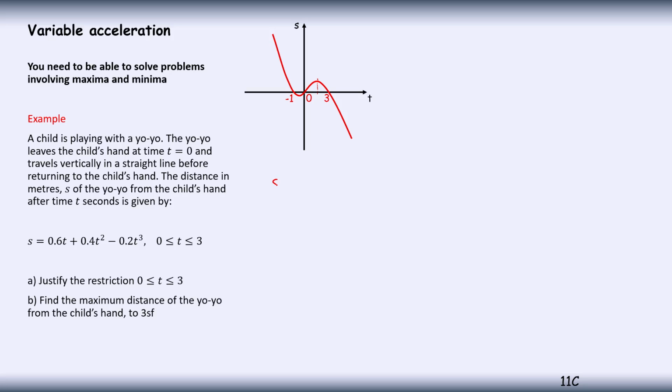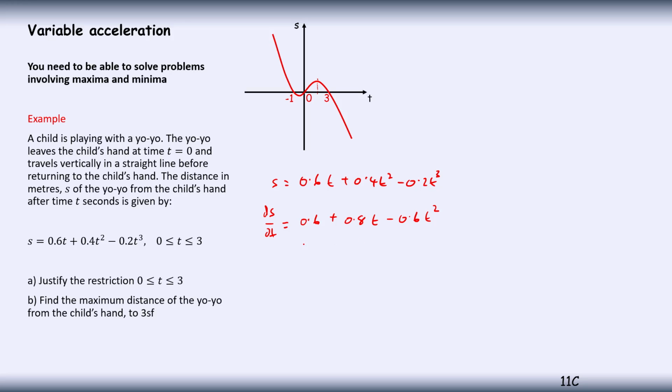I've got s is equal to 0.6t plus 0.4t squared minus 0.2t cubed. In order to find the maximum displacement, I need to differentiate with respect to t. So ds by dt is equal to 0.6 plus 0.8t minus 0.6t squared.